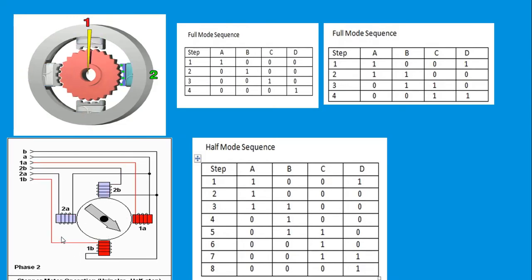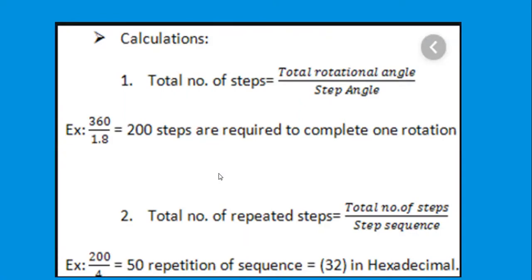Thereby the number of steps of the rotor is increased, doubled as compared to the full mode sequence. In case of full mode sequence, a rotor takes 200 steps to complete one rotation, whereas in case of half mode sequence, the rotor will take around 400 steps to complete 360 degree rotation. Okay, so this is about the full mode and half mode sequences.